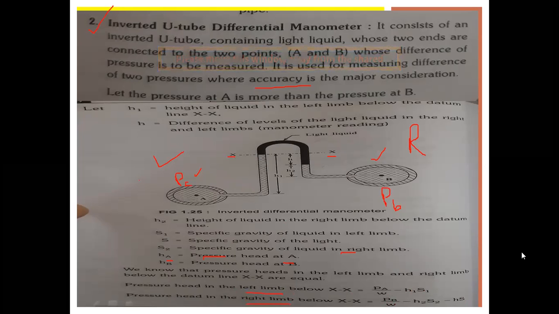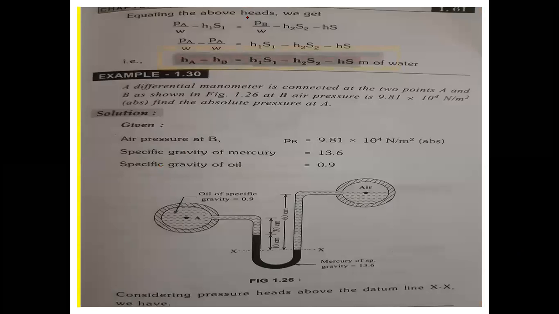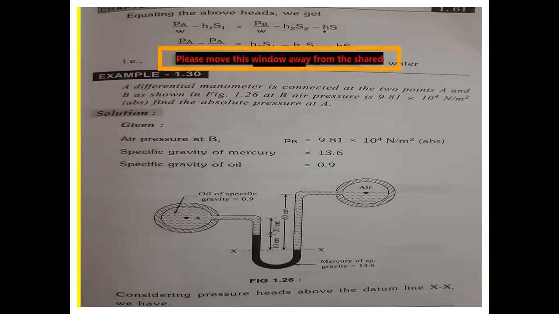Now, equating both heads, we get PA by W minus H1 S1 is equal to PB by W minus H2 S2 minus HS. Now we are collecting the W terms on one side.